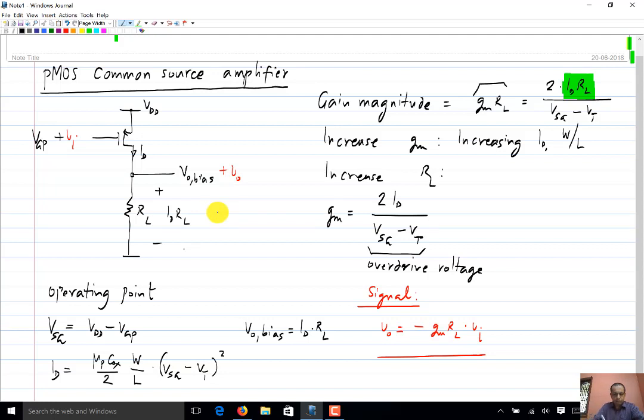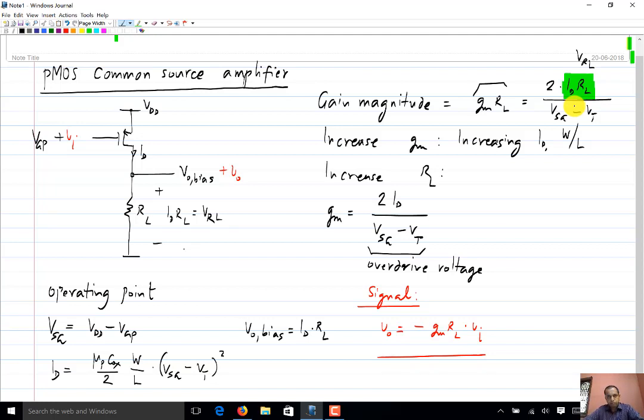Let me call this VRL. So the gain magnitude GM RL is 2 times VRL divided by the overdrive voltage VSG minus VT.